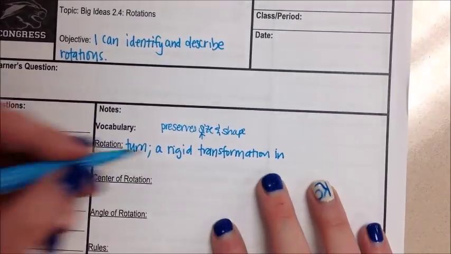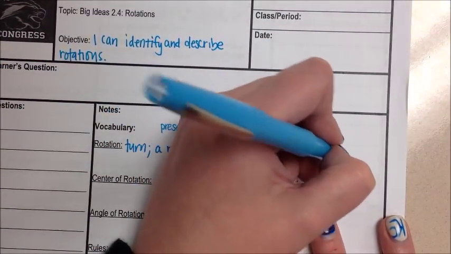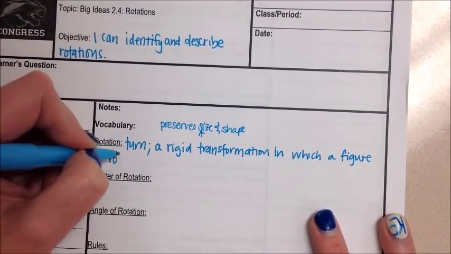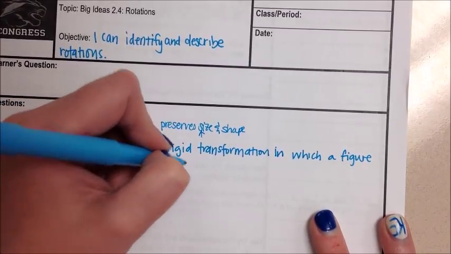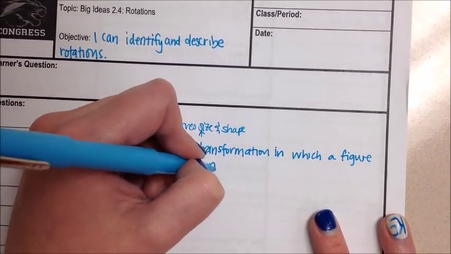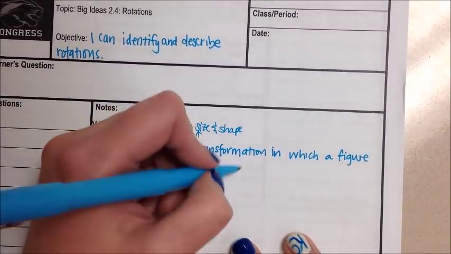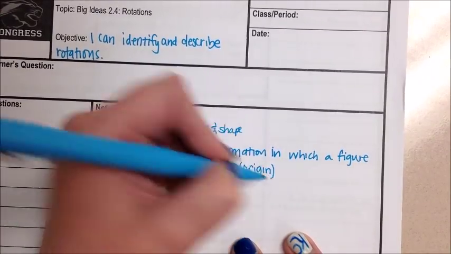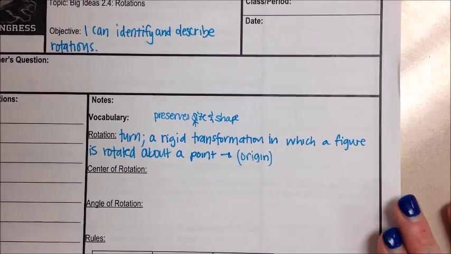So it's a rigid transformation in which a figure is rotated about a point. Okay? And for the purposes of us, we are always going to be rotating around the origin.